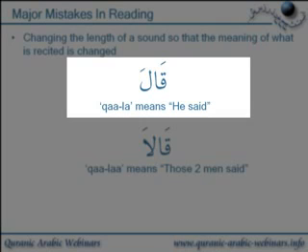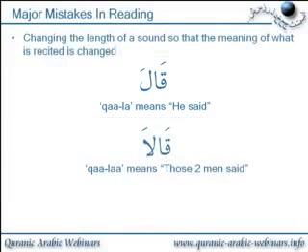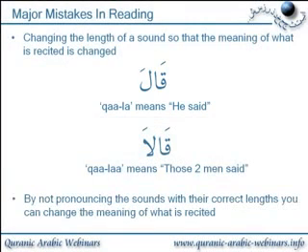If you accidentally, when you're reading your Quran, if you're not careful and paying attention to the lengths, recited that first one as Qa La, you just stretch the La a bit too long, so you make it twice as long. You change the meaning of what Allah subhanahu wa ta'ala has said in the Holy Quran from he said to those two men said.